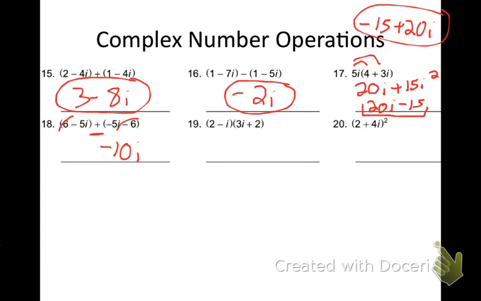Number 19. Now you'd have to do what process, Sage? You would have to FOIL: first, outer, inner, last. We FOIL there. You would have gotten 6i plus 4 minus 3i squared minus 2i. And then when you simplify that, what did you get, Sage?